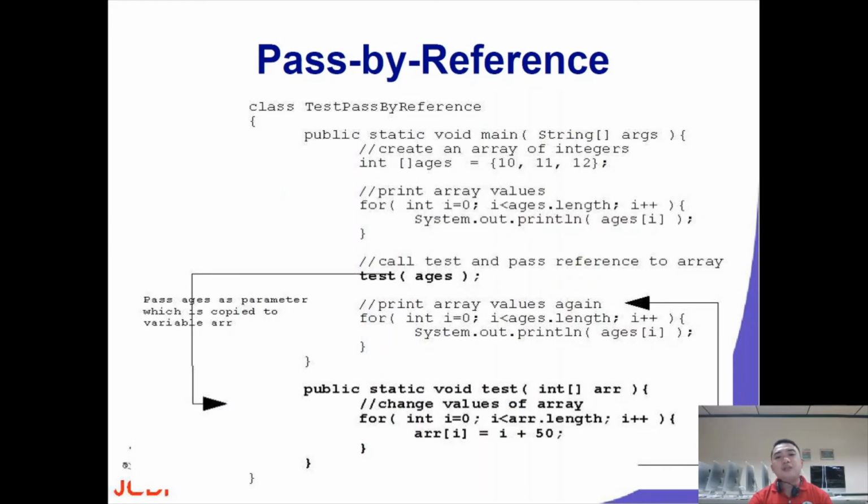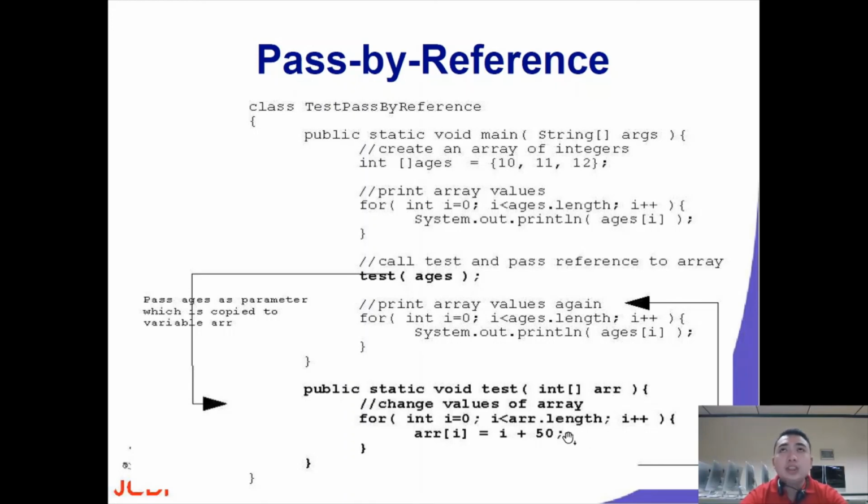Public static void main, create an array of integers. So int ages 10, 11, 12. Print array values for int I equals 0. In here, we have an array which is ages, and then it is being passed to this test method. It is received by the parameter ARR.